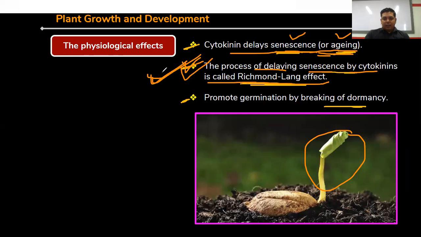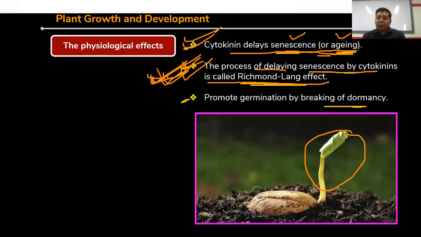Clear? This is very important for your exam. Cytokinin delays the senescence or aging of several plant parts.